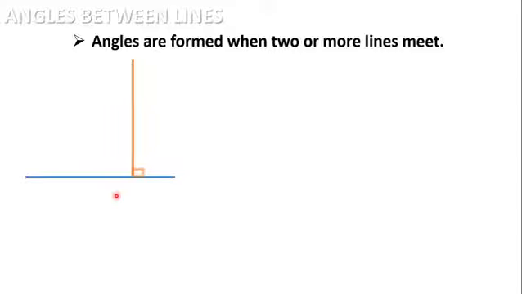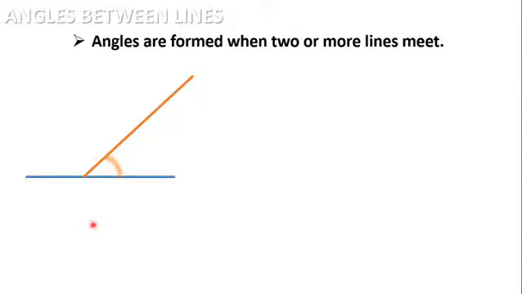For example, if we had this line before and then there is a slant line that comes in contact with it, then an angle is formed right here and also at the other side here. Okay, so every time two lines meet, there's always an angle formed.